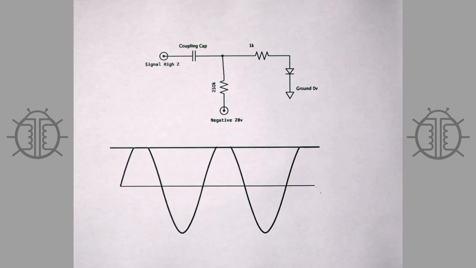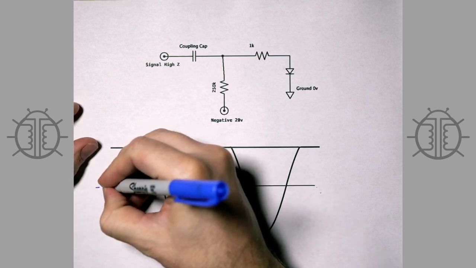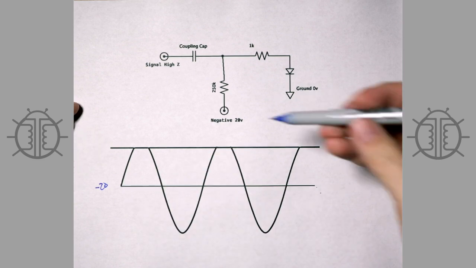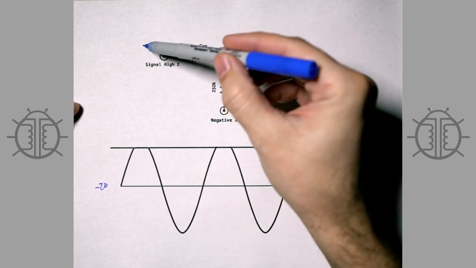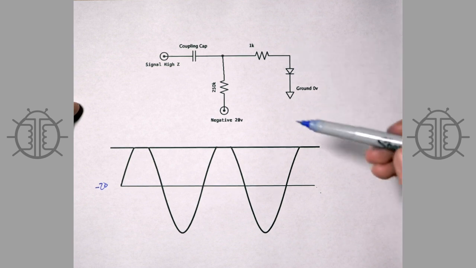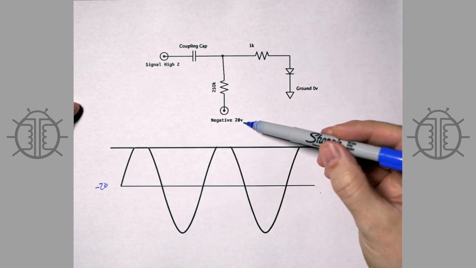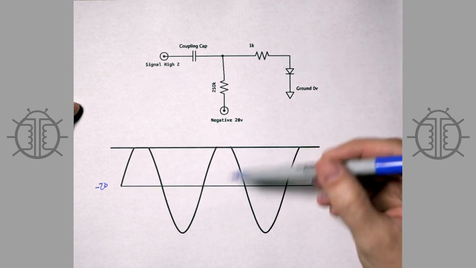Alright, here's our next diagram, and you can see now that we have an input signal, a signal from our driver stage, that's swinging more than 20 volts on either side.